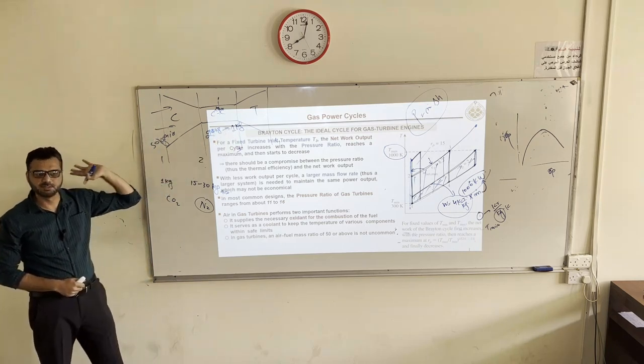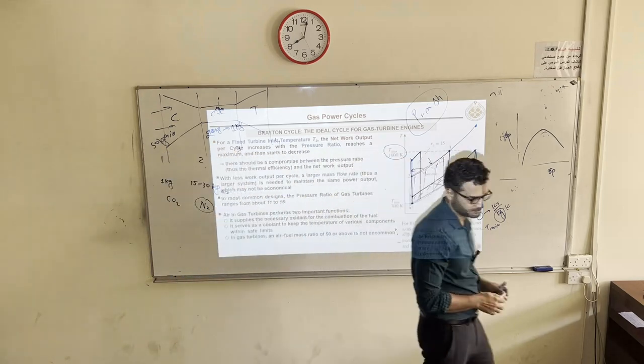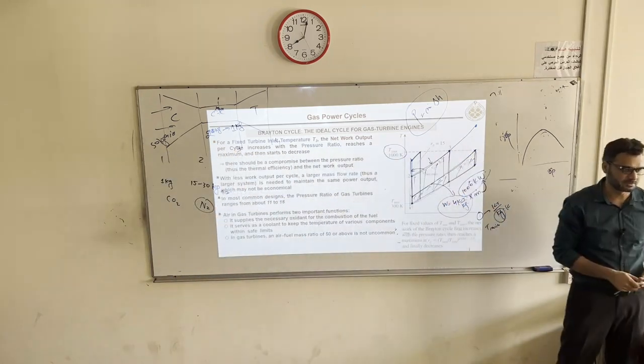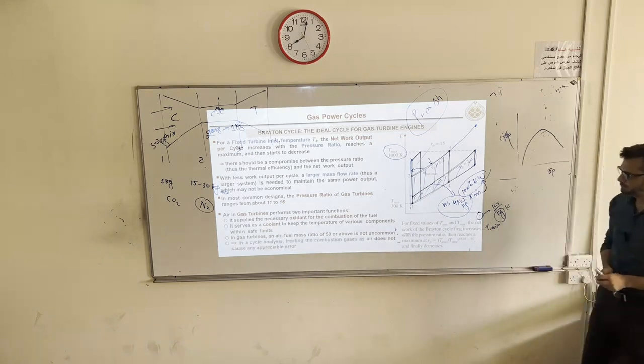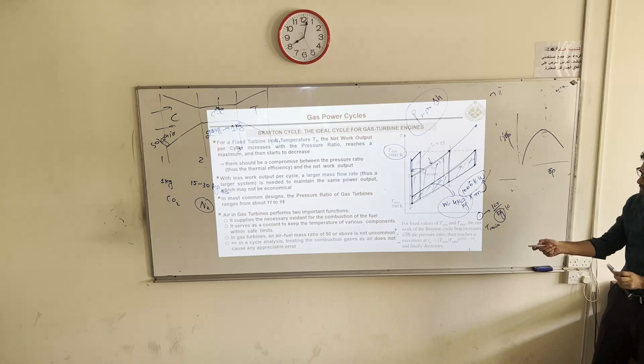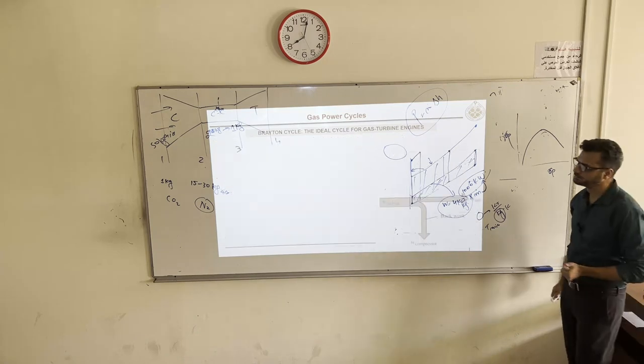Not in Otto and diesel. There we supply the same amount which is normally required to burn, because we have a separate cooling mechanism there. So that's why treating the combustion gases as air does not cause any large errors.